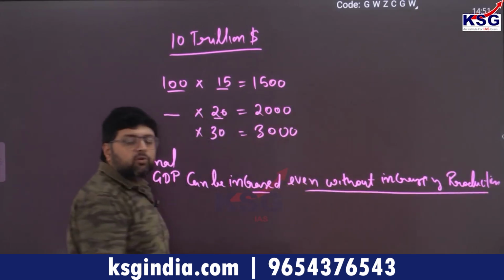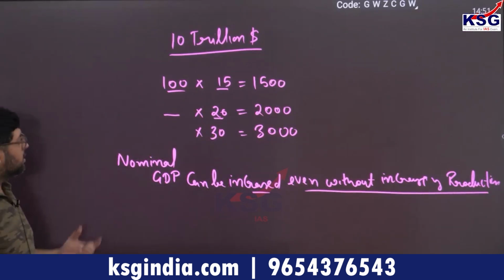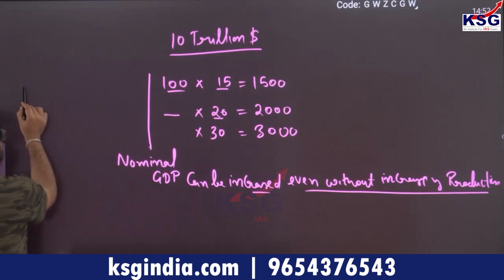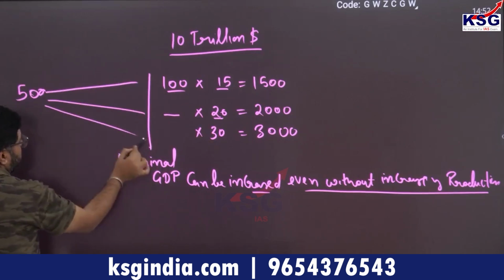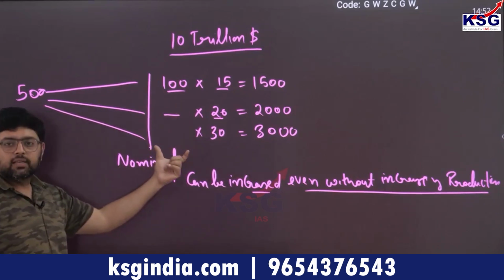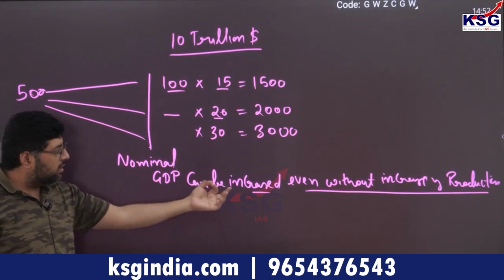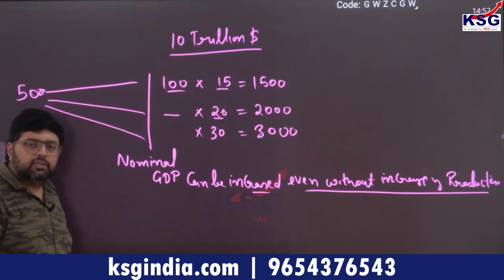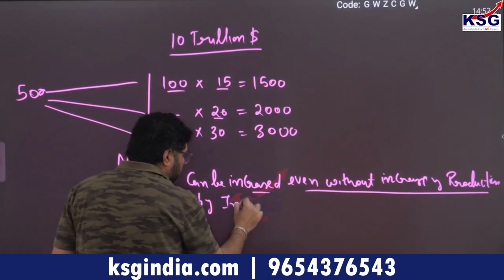Even without increasing production, you are increasing the nominal GDP, and now you compare. If suppose my base year GDP is 500, now I will compare. You will see that GDP is increasing, but production is not increasing. So nominal GDP you can increase even without increasing production, that is by inflating the economy.